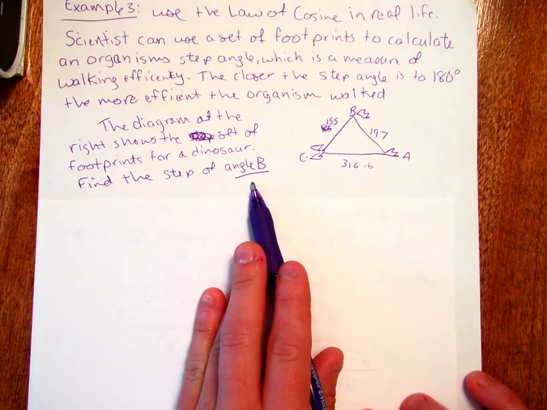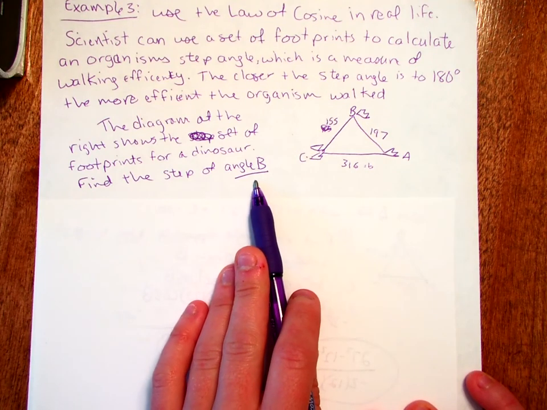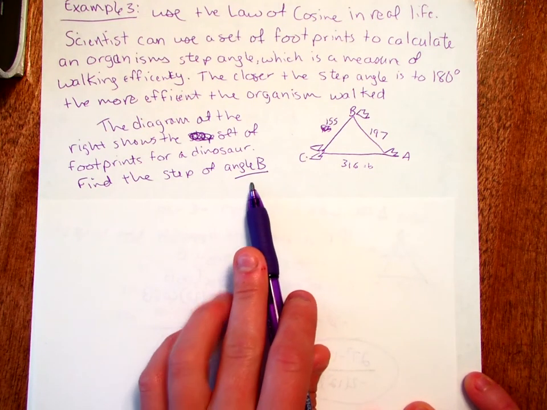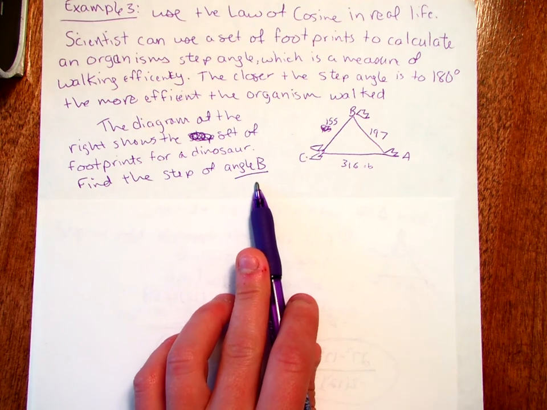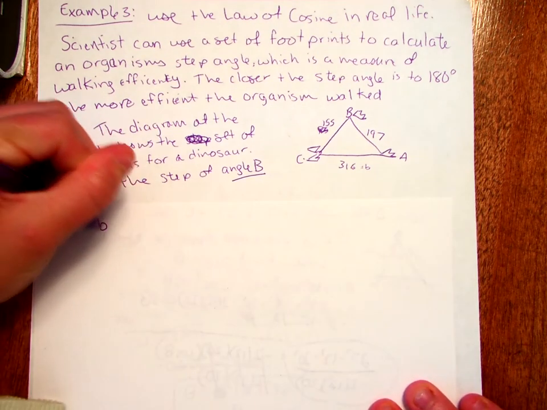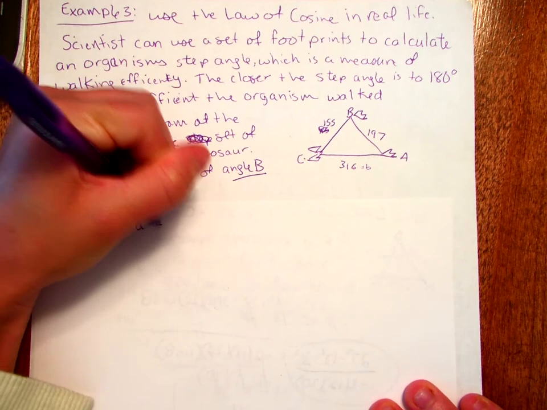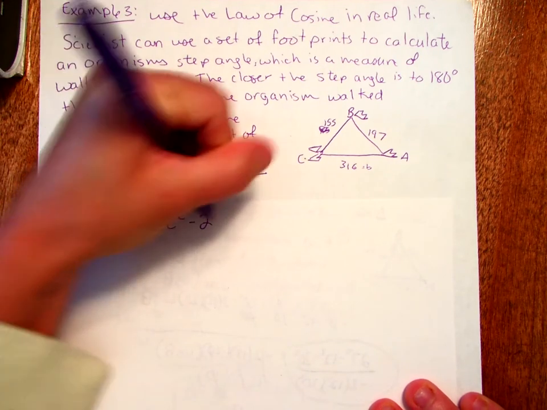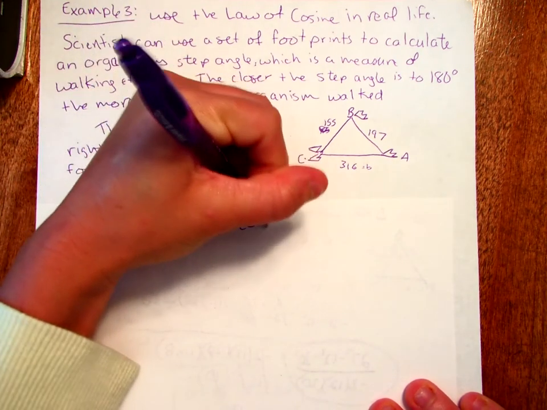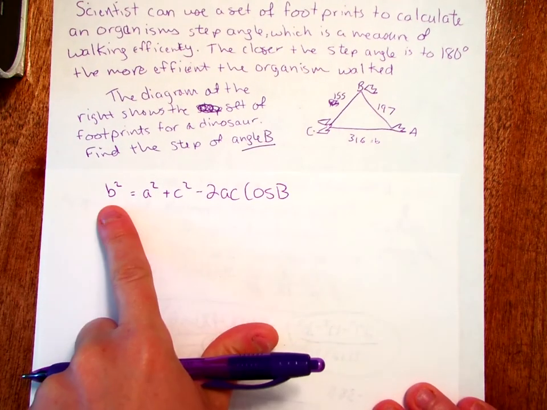So again, whenever you have a word problem, you really want to make sure you're finding exactly what it's looking for, and it's only asking for angle B. So we're going to set it up very similar to the one that we just did. So you are going to still use B squared equals A squared plus C squared minus 2AC cosine B, and plug in all the necessary information.